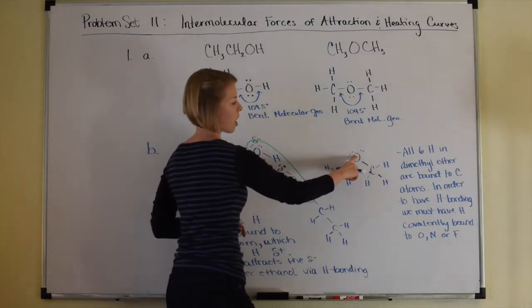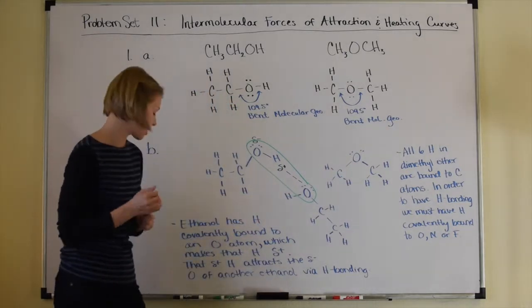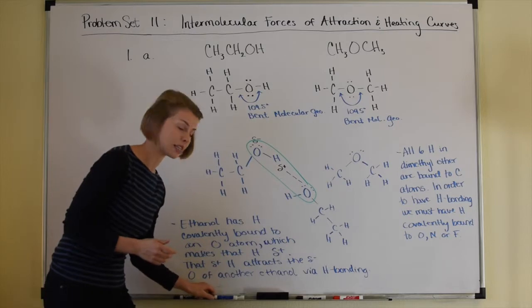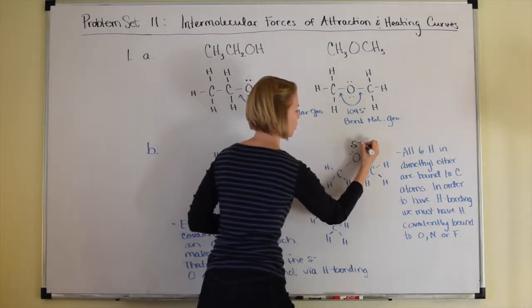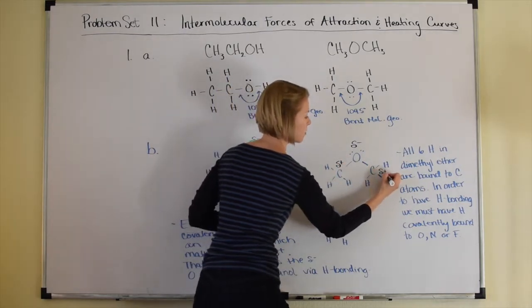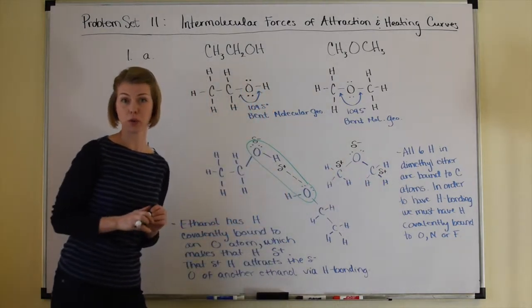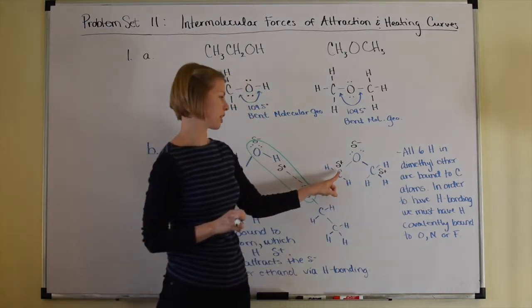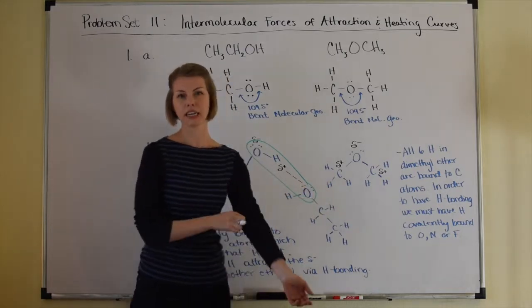It's 3.5 for oxygen, 2.5 for the carbon. So there is some partial positive, partial negative charge buildup in this molecule. The oxygen is partial negative and the carbons are partial positive. There is no partial positive, partial negative charge buildup on the hydrogens though, because remember, we already said that a carbon-hydrogen bond is nonpolar. Okay, it's only a delta EN of 0.4.